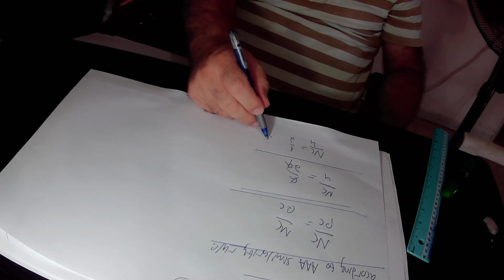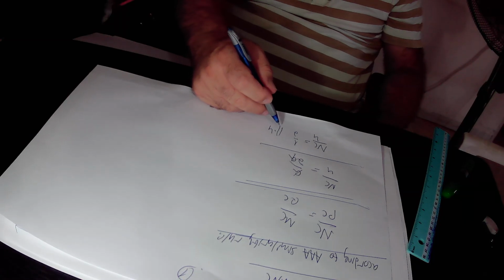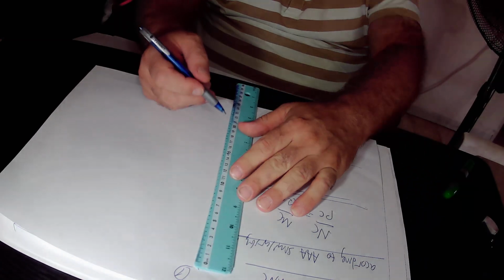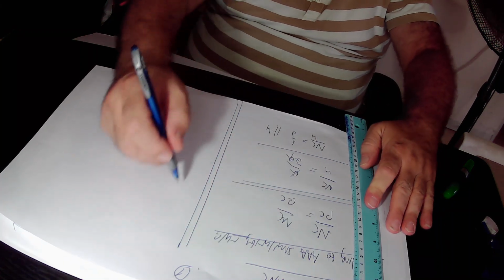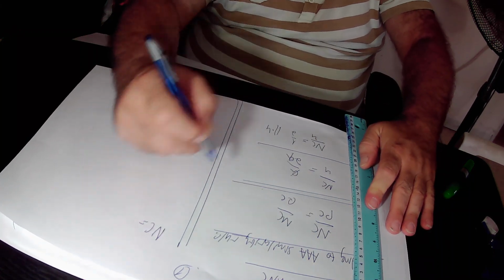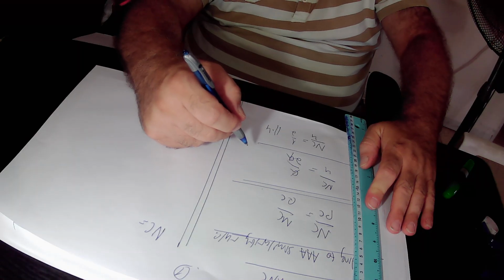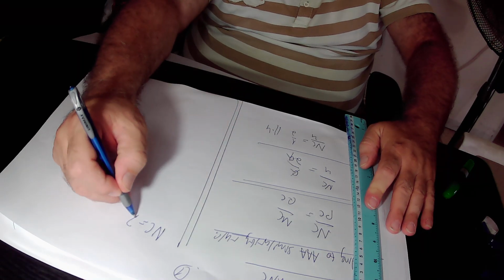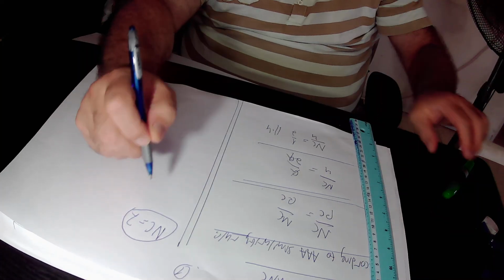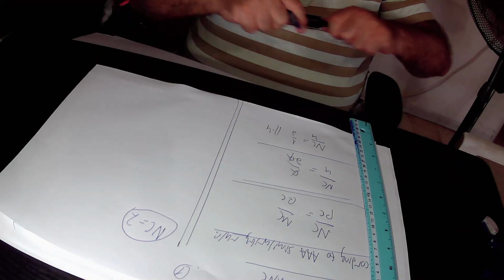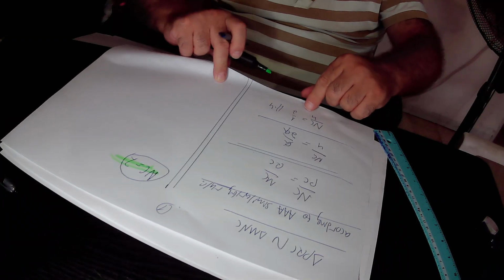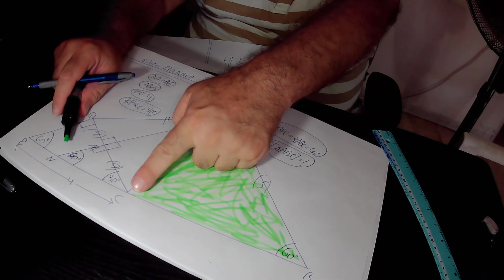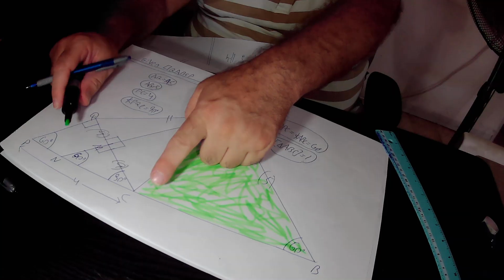Here we will multiply this equation by 4 and finally we get that the missing side NC is equal to 4 over 2, that is 2. So this is the missing side NC that is equal to 2 units in its length.